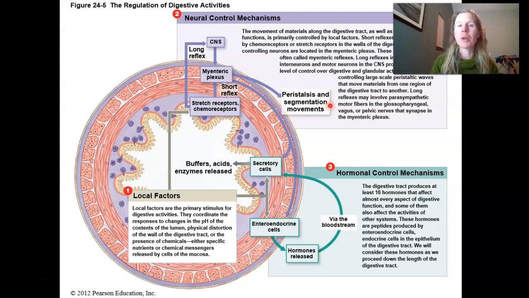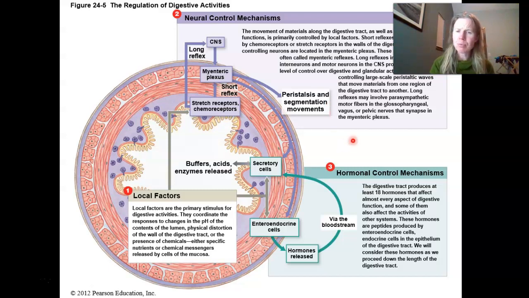This innervation is really important for peristalsis to occur properly. This, again, is influenced by the parasympathetic side of the nervous system. So you get action potentials coming from the CNS to help stimulate movement of the GI tract.